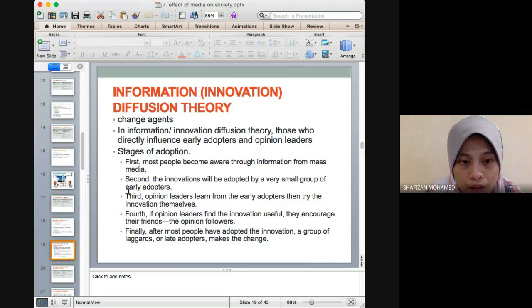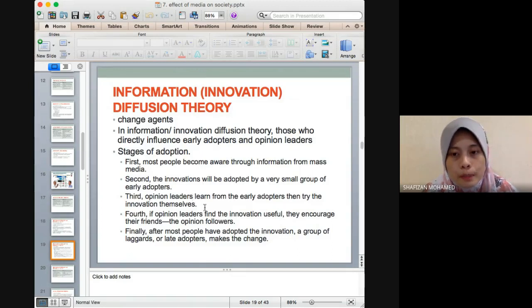Young people and social media celebrities, they like this kind of thing. So they will be waiting for any innovation. Anything new comes out, they will do it. So they are the early adopters. And from these early adopters, sometimes there will be opinion leaders.